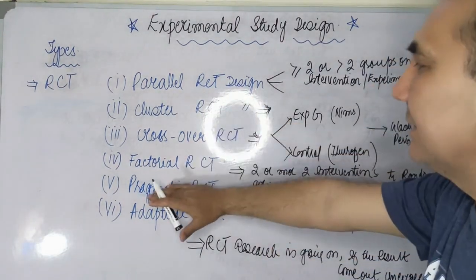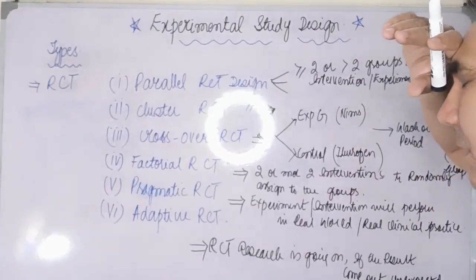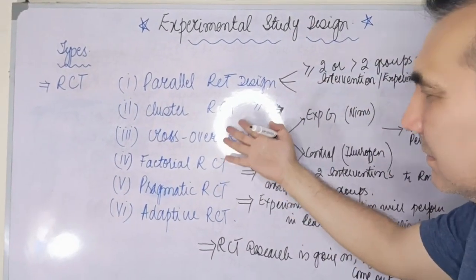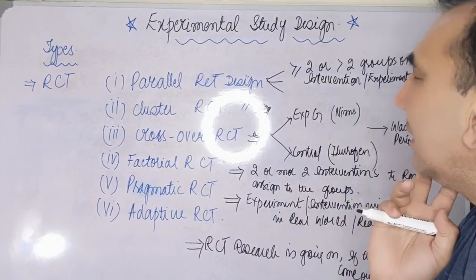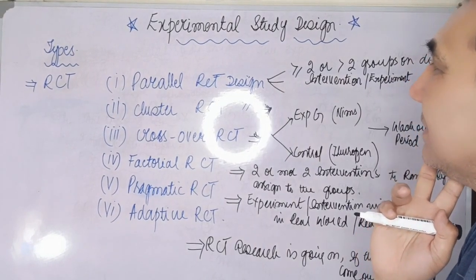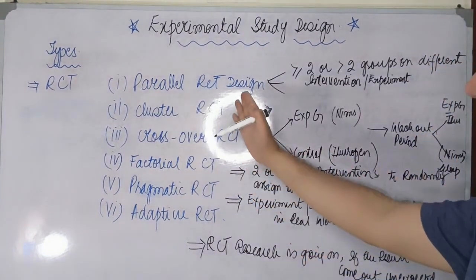Suppose you have selected a randomized control trial, say the parallel RCT design, and the research is going on.